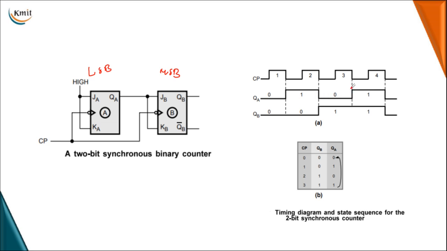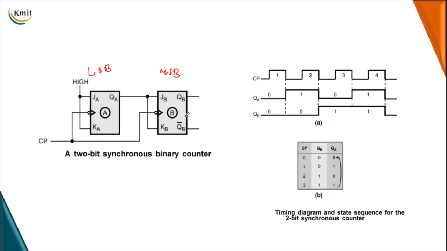On the third clock pulse edge it changes from 0 to 1. Like this, on every trailing edge of each clock pulse, the state of the first flip-flop, the LSB, changes from 0 to 1 and 1 to 0.